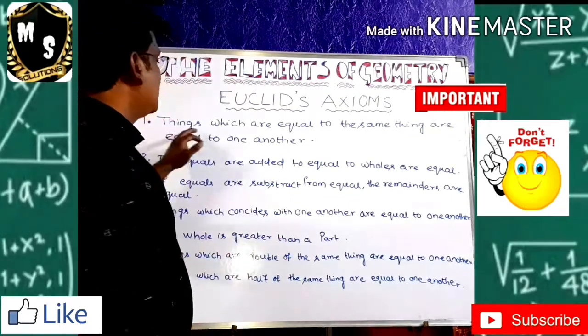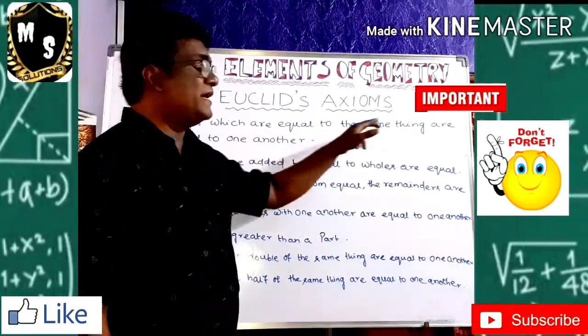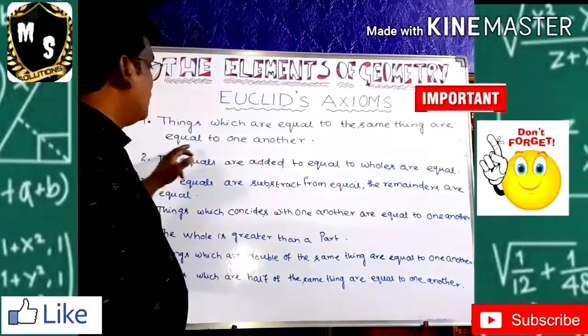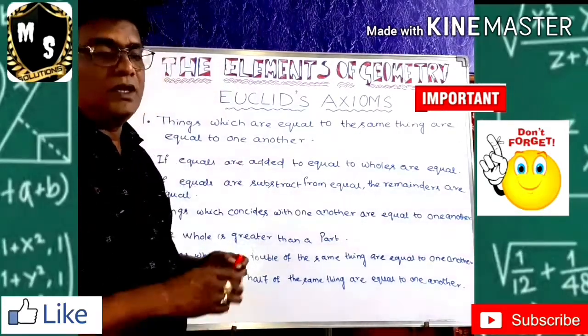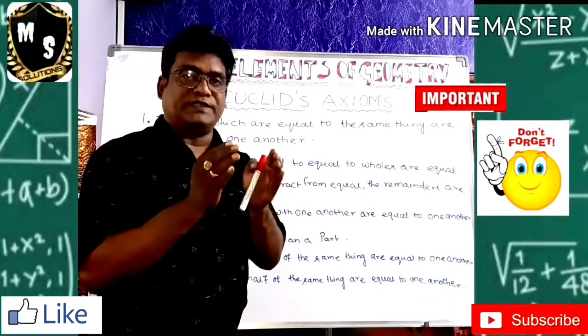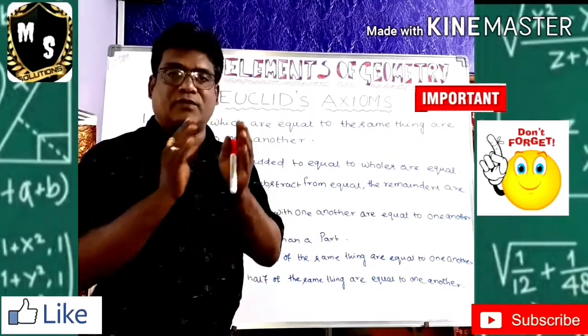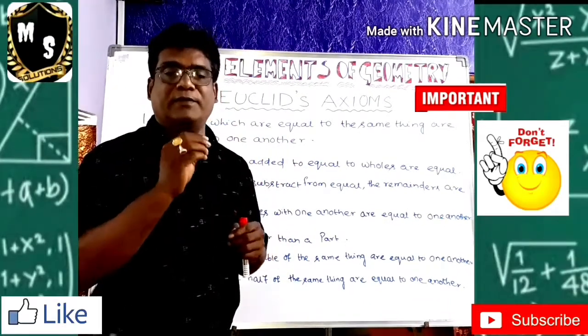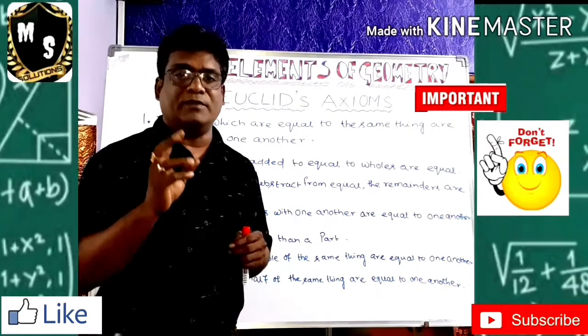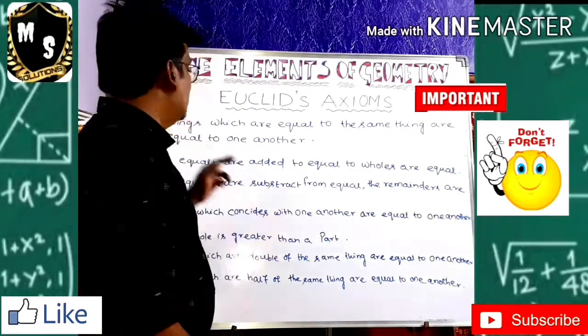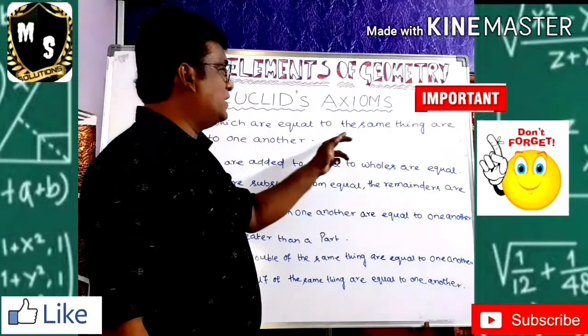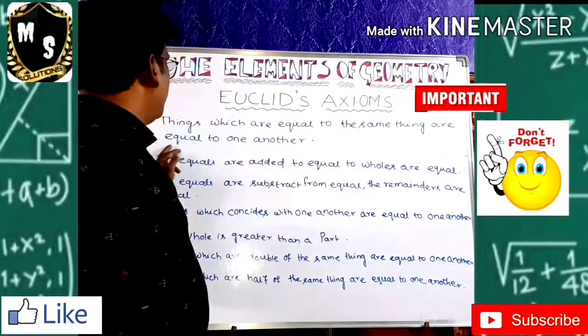See, things which are equal to the same thing are equal to one another. Suppose one cuboid is there and another cuboid is there, and both have the same dimensions, length, breadth, height, all the same in the two. Then the two cuboids are equal to one another.